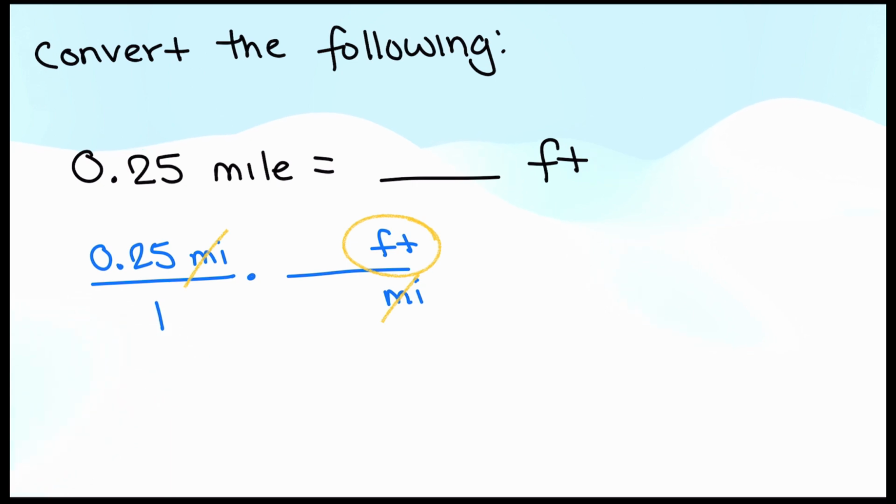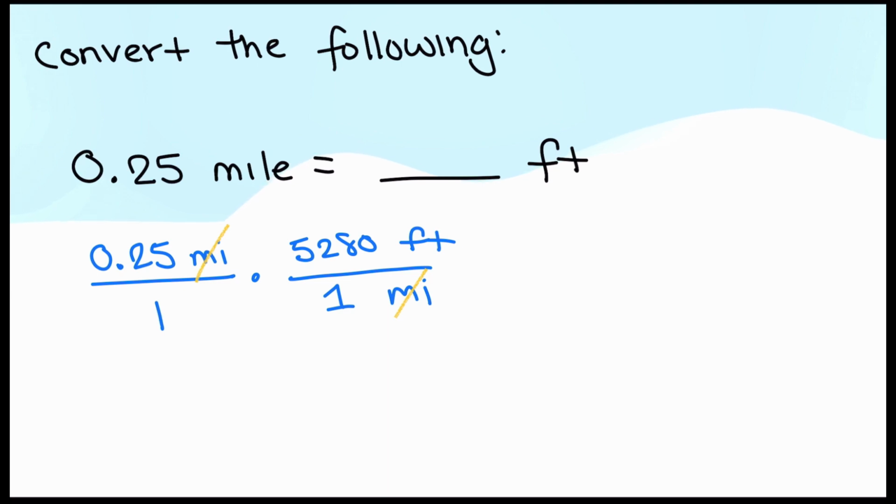So I want to multiply by a conversion factor that's feet over miles. If I go back and I look at my list of conversion factors, I know that 5280 feet equals 1 mile. Again, that mile goes on the bottom because then the miles cancel out and we're just left with feet.